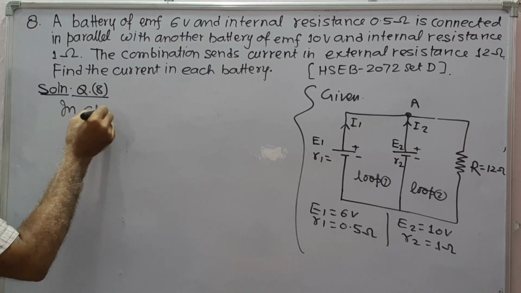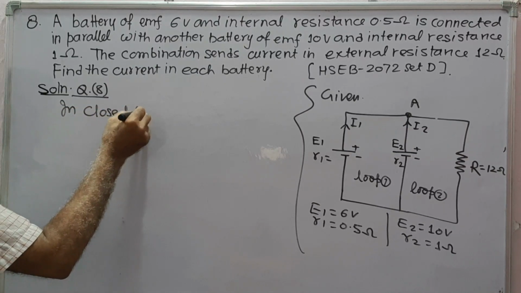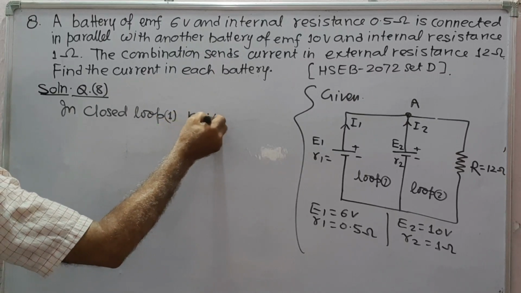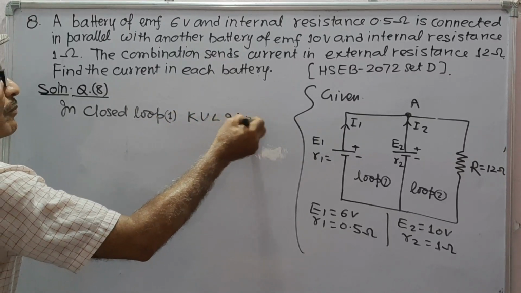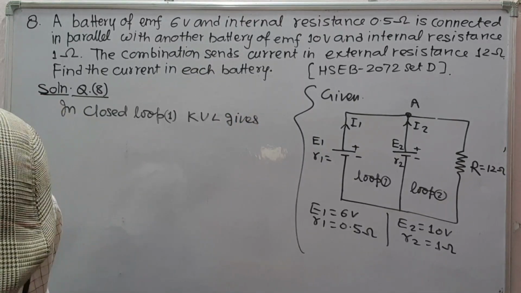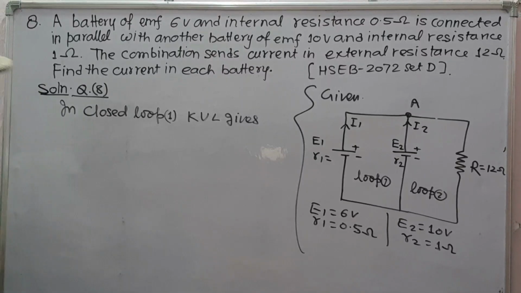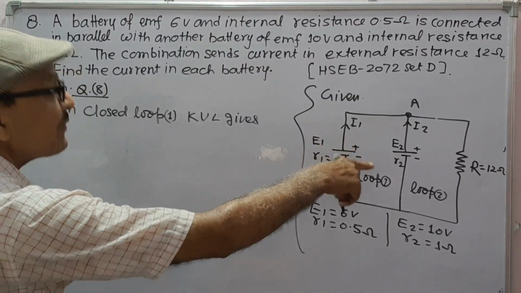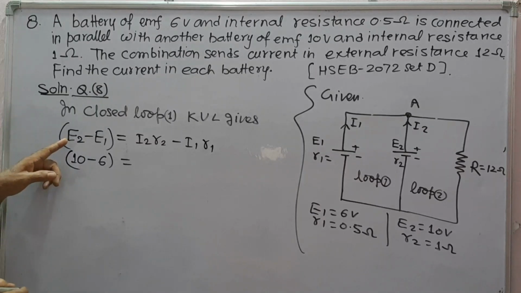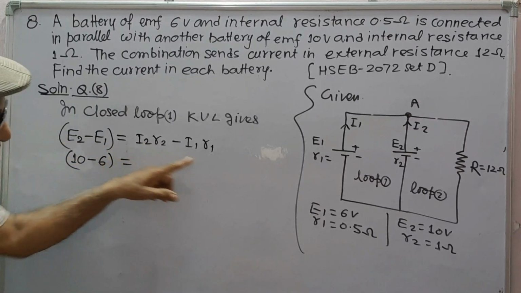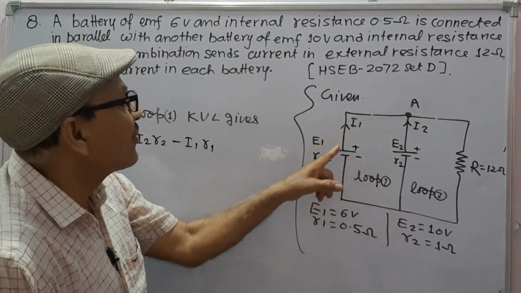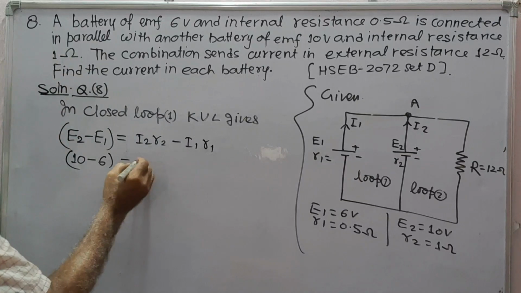In closed loop 1, Kirchhoff's voltage law gives sigma EMF is equal to sigma IR, means E2 minus E1 is equal to I2 R2 minus I1 R1, both are opposite.